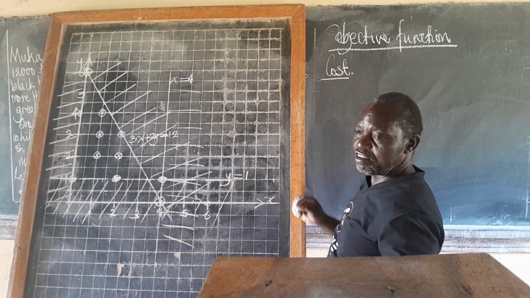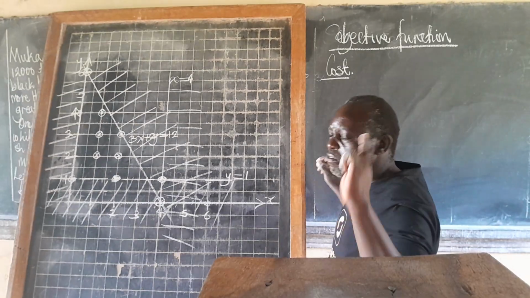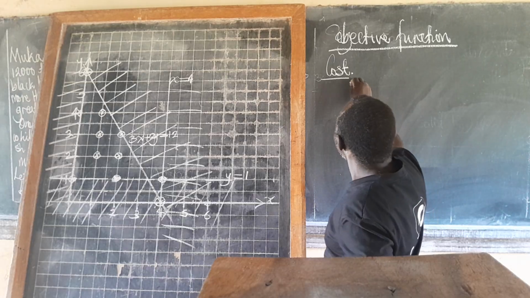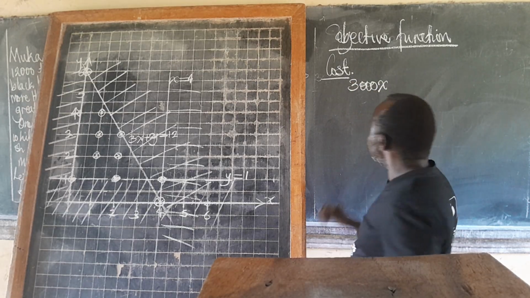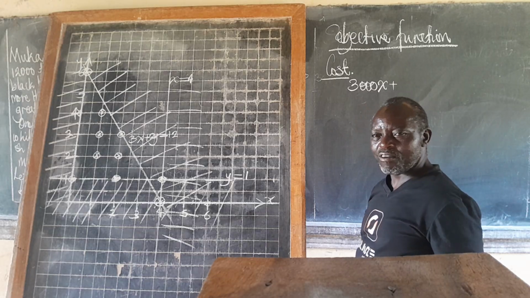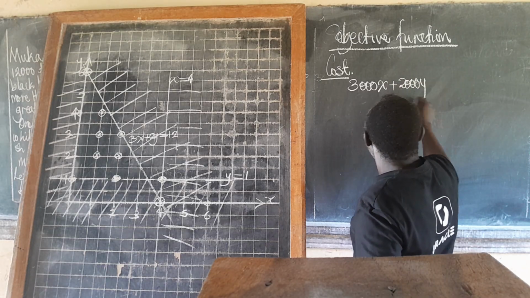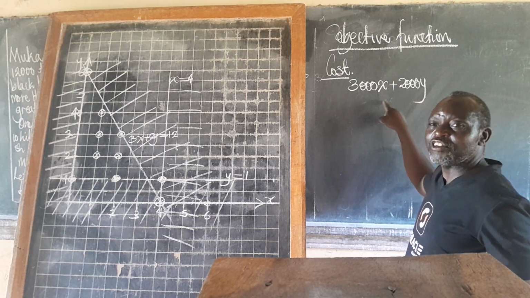What's the cost of one blacker book? The cost of one blacker book is 3,000. Therefore, we have 3,000x plus 2,000y. This is the objective function we are going to use.